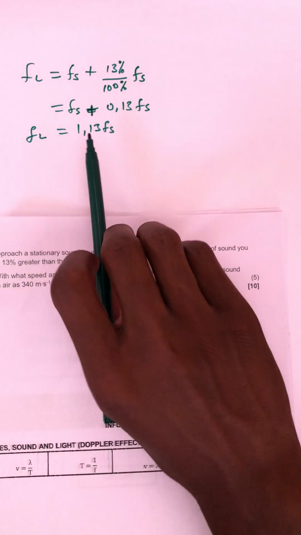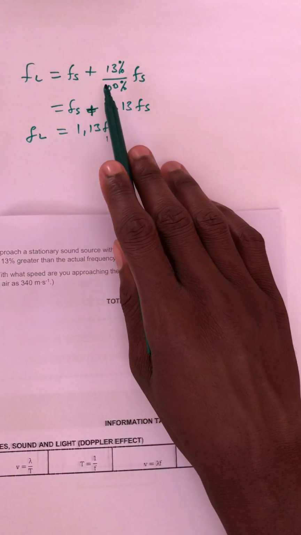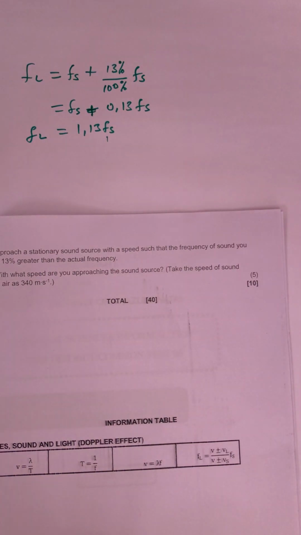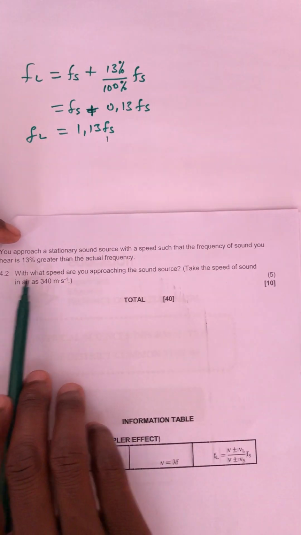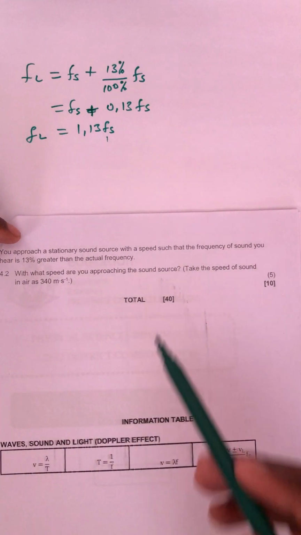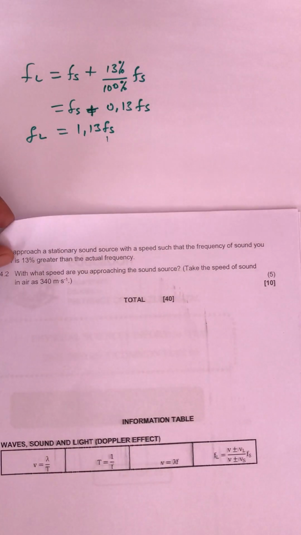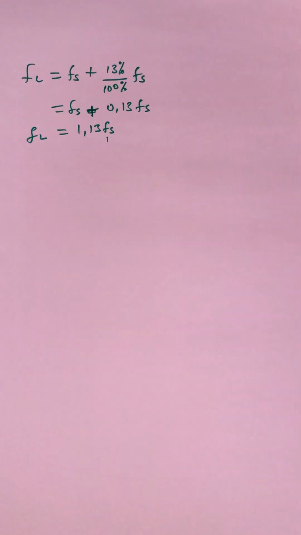So the frequency of the listener is 13% greater than that. That's what they are saying. Now, they are saying, with what speed are you approaching the sound source, as we take the speed of sound in air as 340 meters per second.